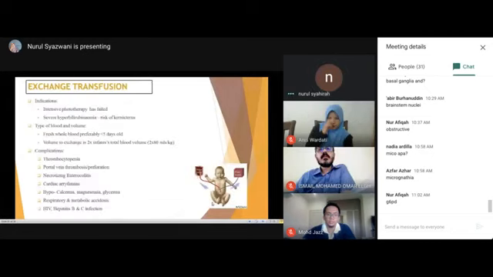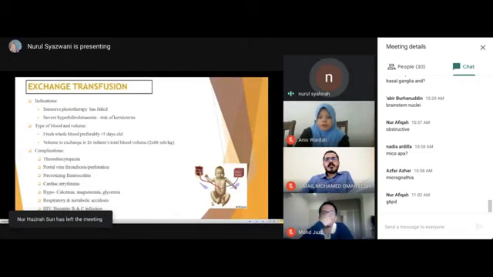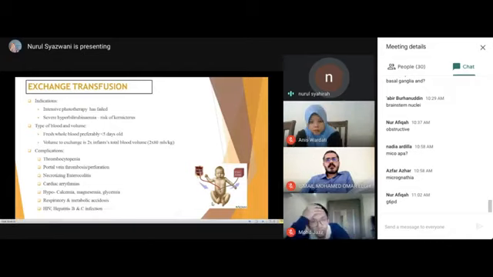Okay, the next treatment is the exchange transfusion. The indication for exchange transfusion is if intensive therapy failed, and if the baby has severe hyperbilirubinemia in which they may have risk of cardiac arrest. The type of blood and volume used in the exchange transfusion is fresh whole blood, and the volume is the infant's total blood volume.